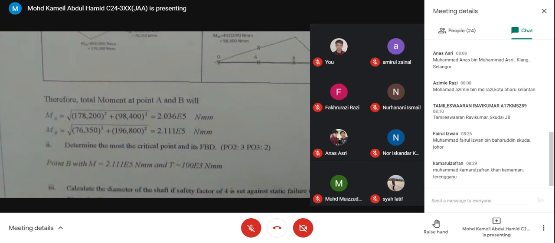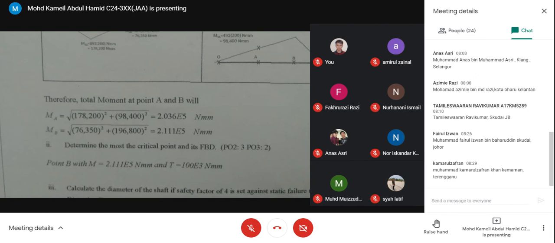Okay, determine the most critical point. From the two, MA and MB, you need to get the higher value, which is point B. So at point B, 2.11 E5 and T is 100,000.